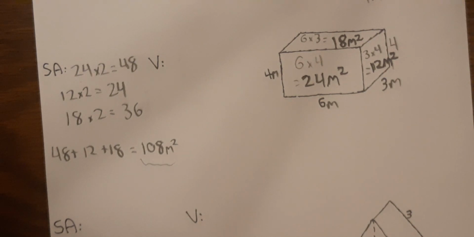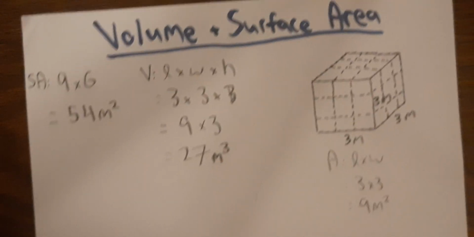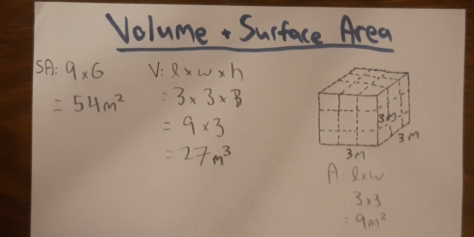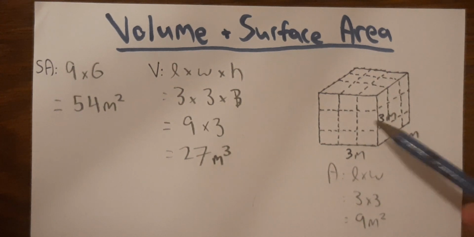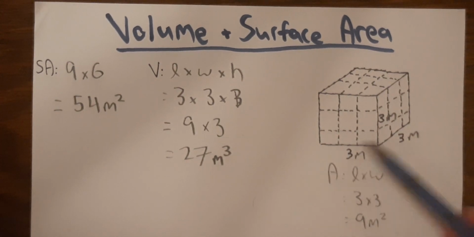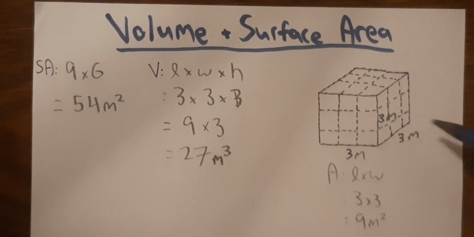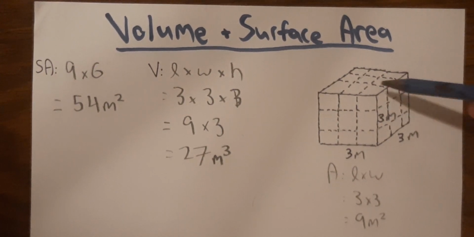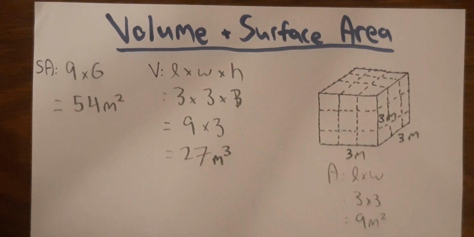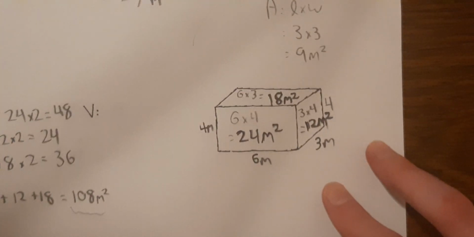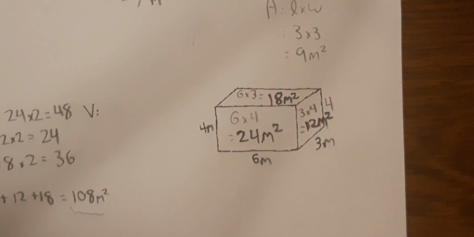Okay. Volume. What do you think? For a cube, we did length times width times height, which made sense because if you want to figure out how many cubes there are, well, it's 3 cubes wide, or long, 3 cubes wide, and 3 cubes high. So just 3 times 3 times 3. Well, this isn't really any different, is it? Think about it.